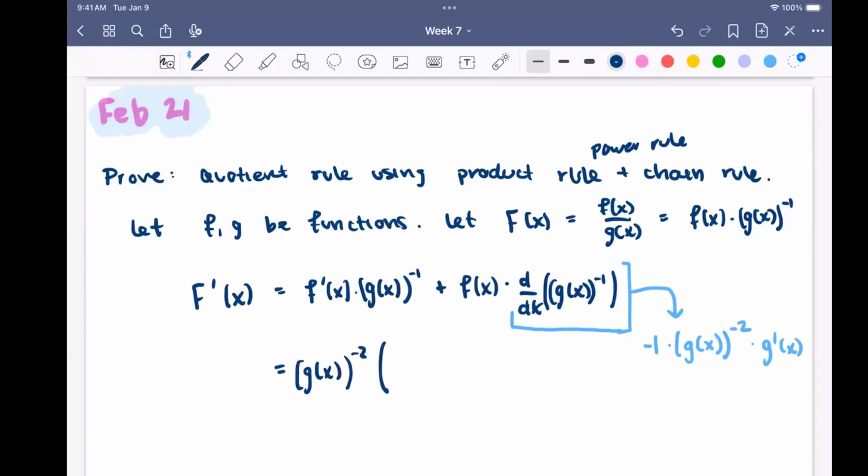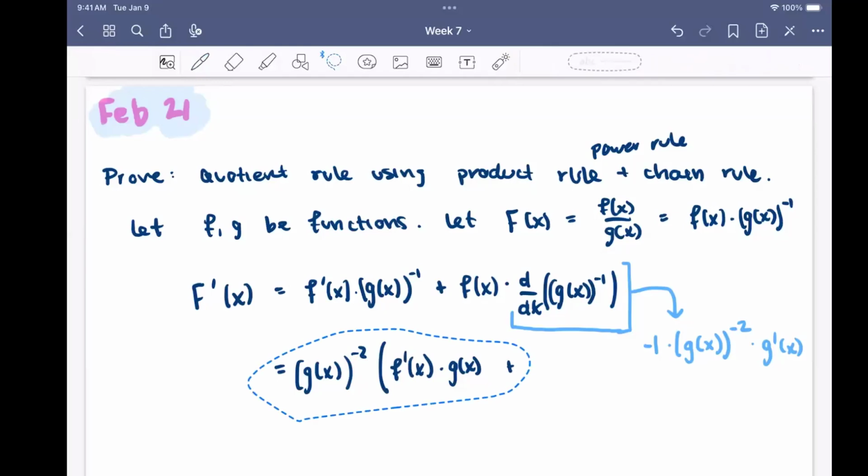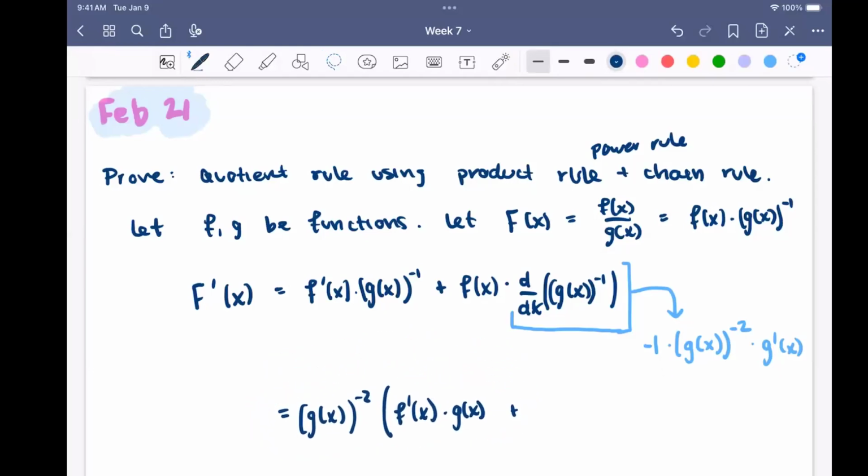On this first term, that's going to leave behind f prime of x times g of x, because initially I only have one factor of g to the minus 1, so I need to leave something here to cancel the fact that I pulled out a minus 2. Plus f of x times, we pulled out, sorry.